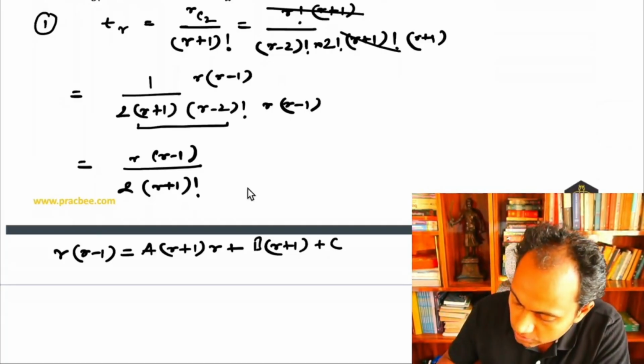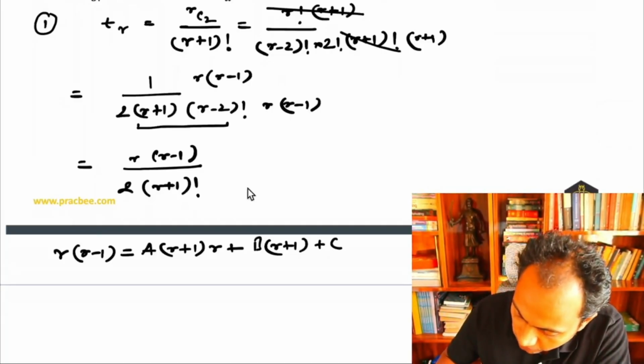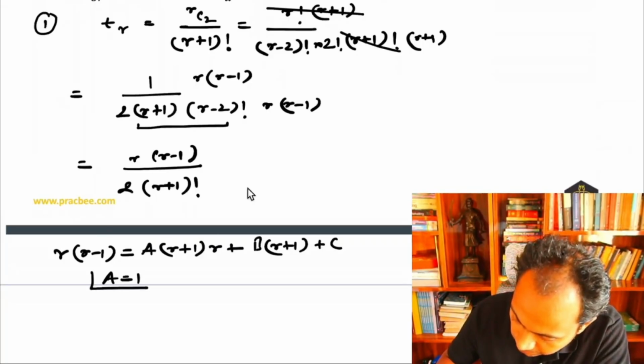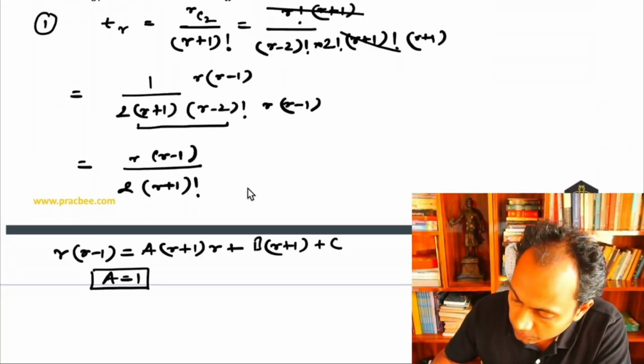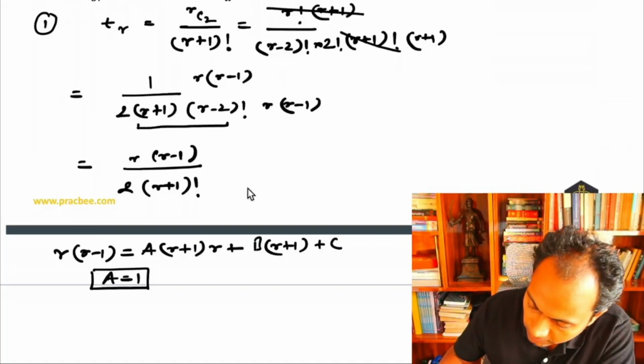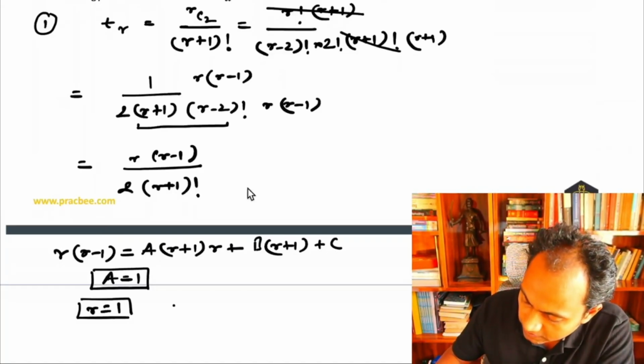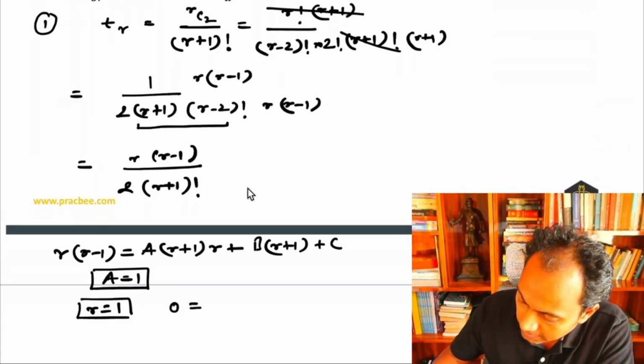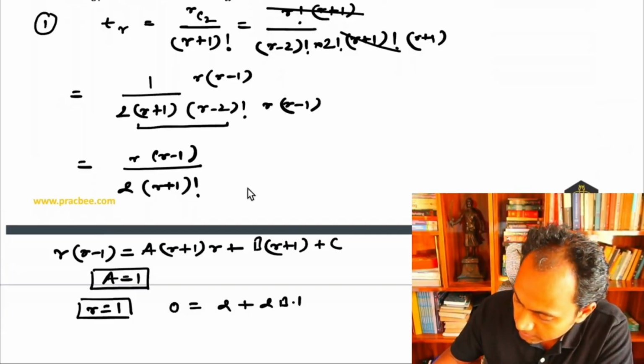Once I do so, from the comparison of the coefficient of r square, a will come out to be equal to 1. In order to find the value of b, what we can do is put r equal to 1. And if I do so, the left hand side becomes 0. A is 1, the right hand side will become 2, and if you put b equal to 1, this will become 2b plus c.